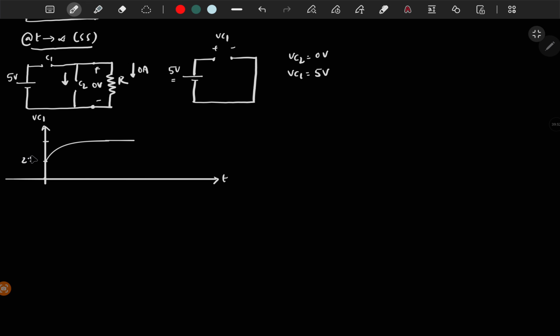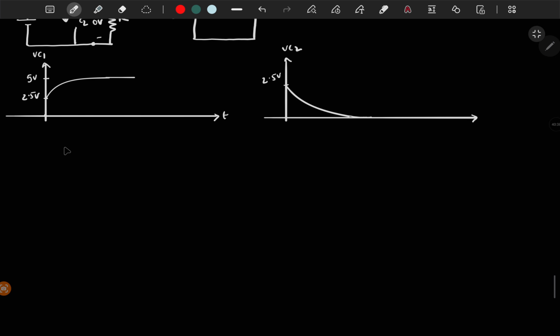So this is 2.5 volt and this is 5 volt. For VC2, it is going to 2.5 at t equal to 0, and it is going back to 0 again. Initially it was 0, then it changes immediately, then it starts discharging and it will go to 0. That is how these are behaving.